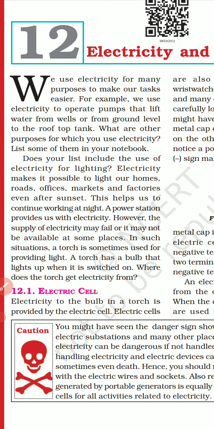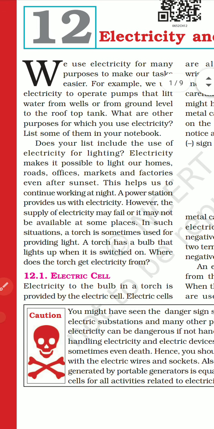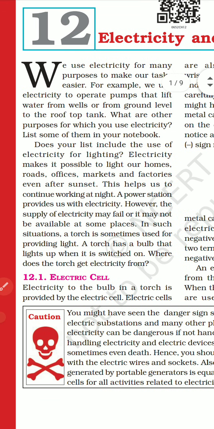However, the supply of electricity may fail, or it may not be available at some places. In such situations, a torch is sometimes used for providing light. A torch has a bulb that lights up when it is switched on. Where does the torch get the electricity from?